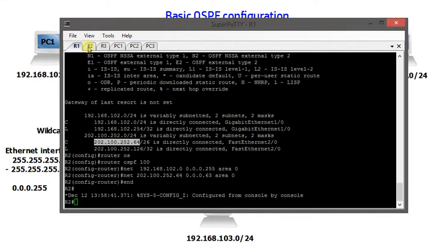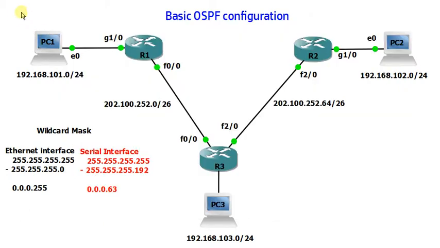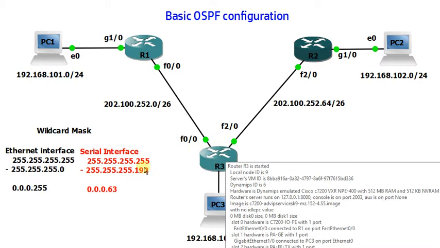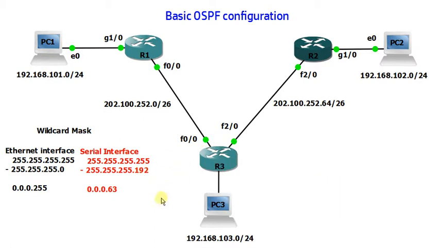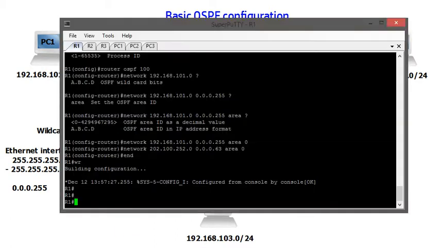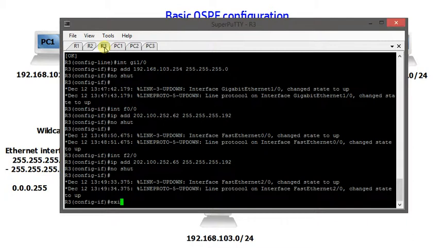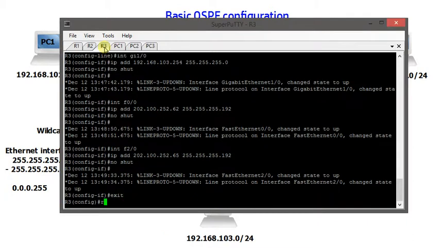We still don't receive any routing updates because we just finished R1 and R2. There's no connection between these two routers. When we connect R3, you can instantly see the routing table exchange between these two routers. Now if I go to R3, go one step back in global configuration, type do show ip route.